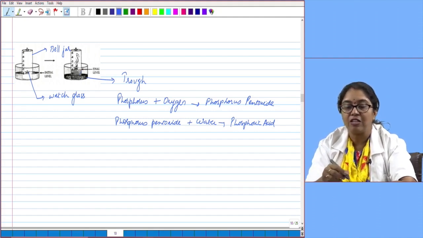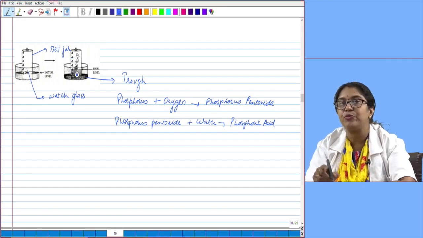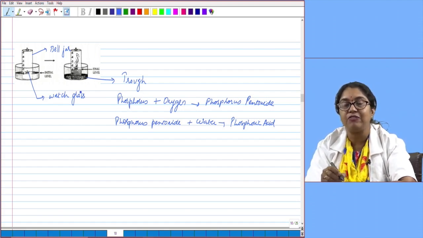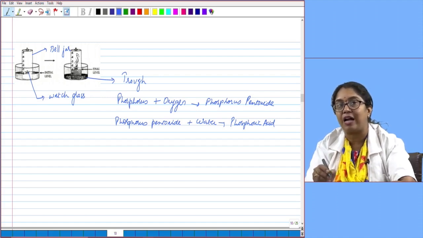This shows that out of the 5 parts, 1 part was consumed, and that 1 part constitutes 1/5 of the air, the active component of air, which is nothing but oxygen. And 4/5 of the air is the inactive component of the air, which is nitrogen.